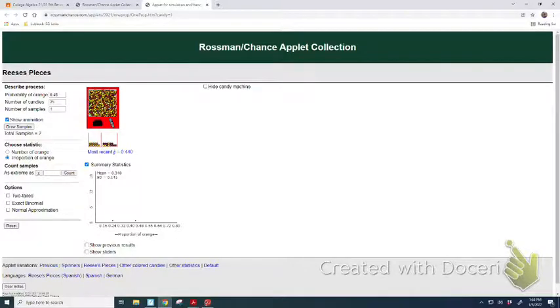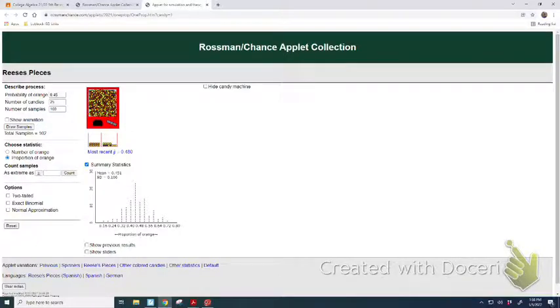Let's turn off the animation, and let's do this a bunch of times. I'm going to do it 100 times. And we have a nice bell-shaped distribution. Those dots right there, that resembles a sampling distribution. Each dot is a p hat.